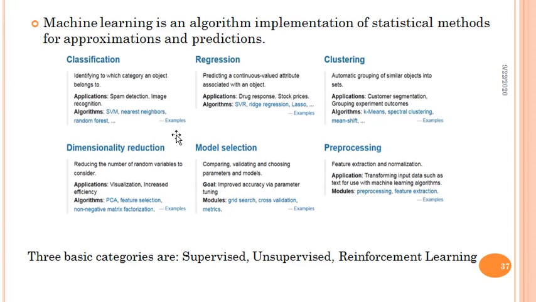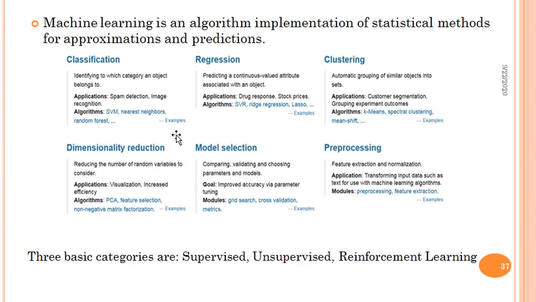The applications of classification can be spam detection, image recognition, or image detection, and there are a number of machine learning algorithms which can be used to perform classification, such as support vector machines, k nearest neighbors, and random forest. Classification can be binary or multi-class.